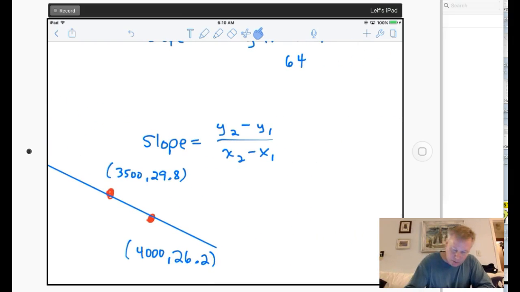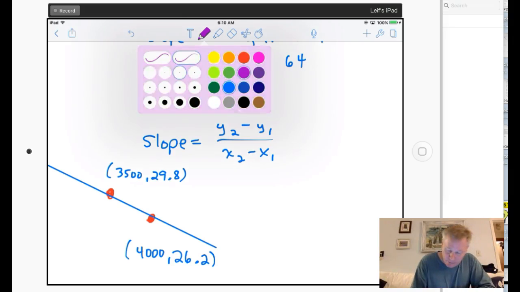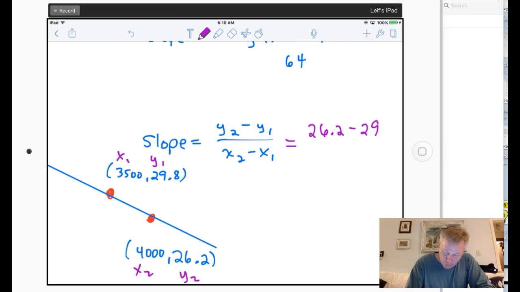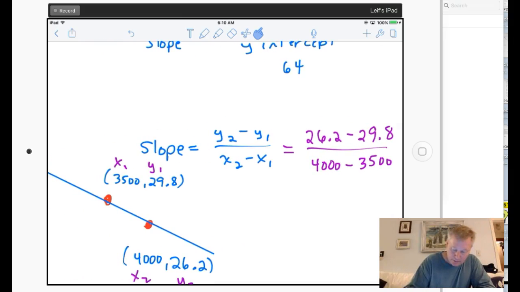And now I can plug those into my slope formula and figure out the slope. So make this point x1, y1. This one can be x2, y2. Plug the numbers in. y2 is 26.2 minus y1 is 29.8. x2 is 4,000 and x1 is 3,500. Now I'm just going to punch these into my calculator. I'm running out of space, so I'm going to go down there.